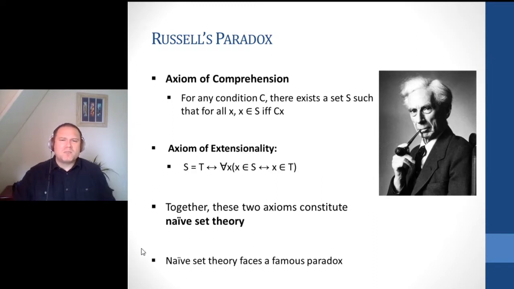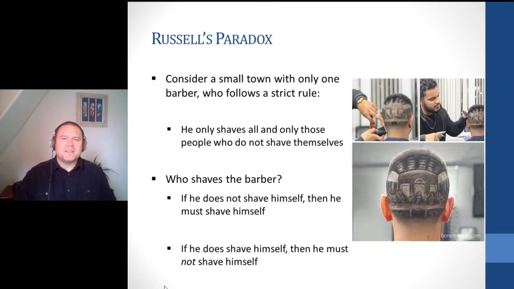To get a run at the paradox, it's helpful to think about something slightly different. You might have heard this before, but a slightly different way to approach it is to think about barbers. So, consider a small town, a really small town, that's only got one barber. And this barber is a very fastidious person, and the barber follows a strict rule.